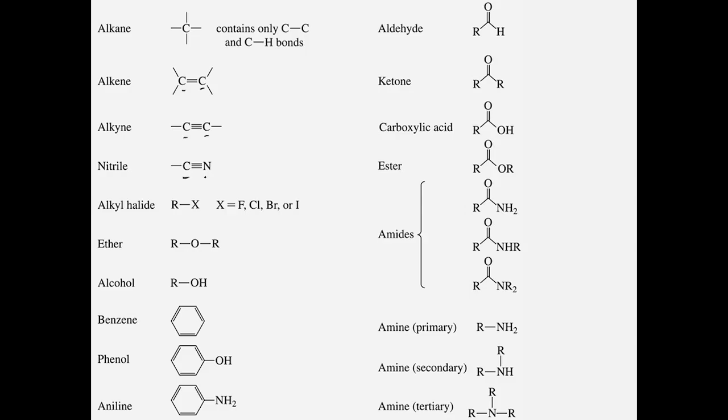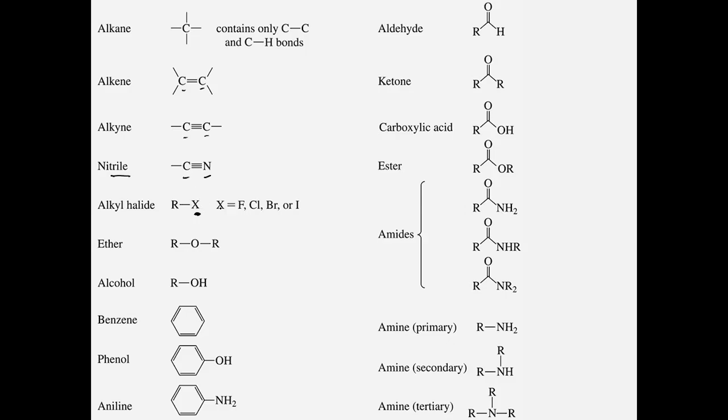The C-N triple bond is called a nitrile. X, usually in organic chemistry, represents the halogen atoms, such as fluorine, chlorine, bromine, or iodine.